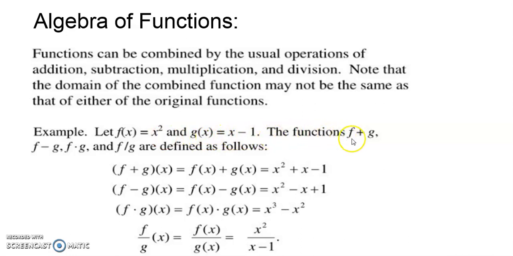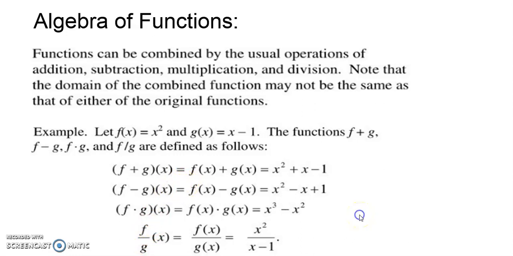The functions f plus g, f minus g, f dot g, which means f is being multiplied with g, and then f divided by g are defined as follows. It means that you can perform different operations on functions. Here I have added two functions. We can subtract two functions, we can multiply two functions, and then we can divide two functions. And it's not necessary that the domain of the combined function is the same as that of the original functions.